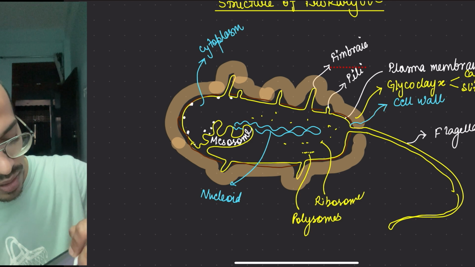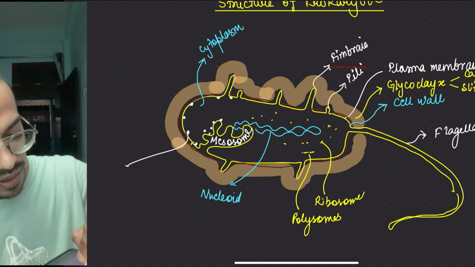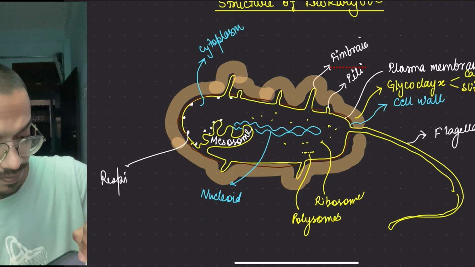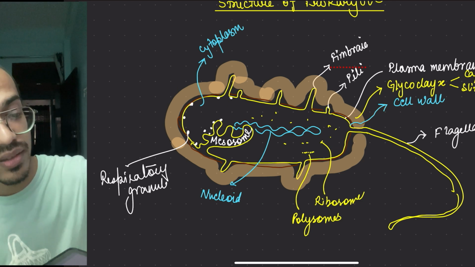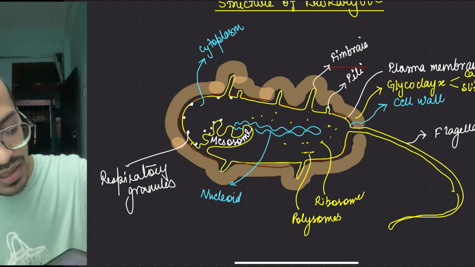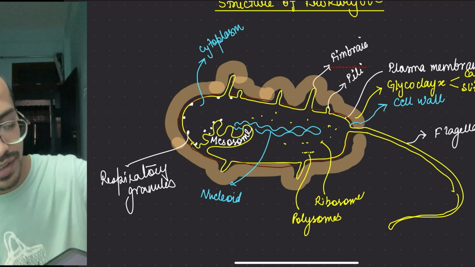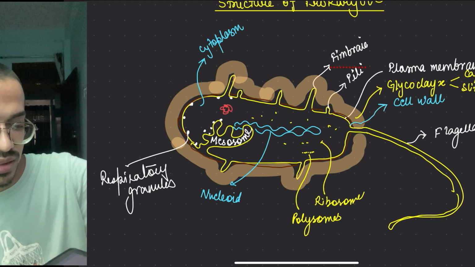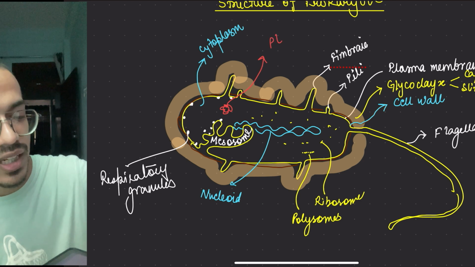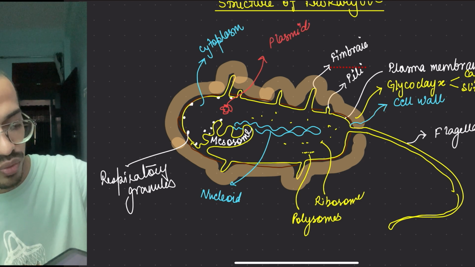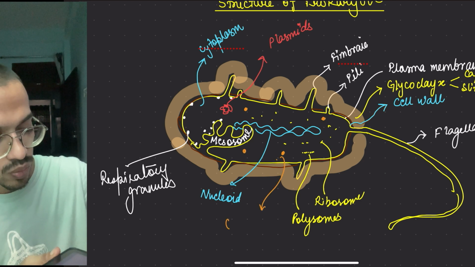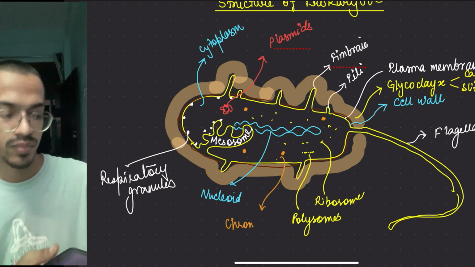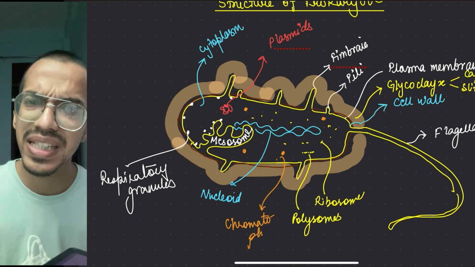So these are respiratory granules. Moving on to the next thing, there might be presence of plasmids. What are they? We will learn it later. Then there might be presence of chromatophores or granules. This is the basic structure.